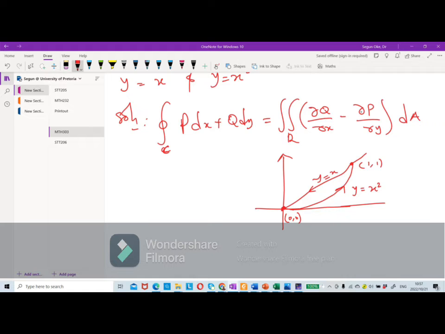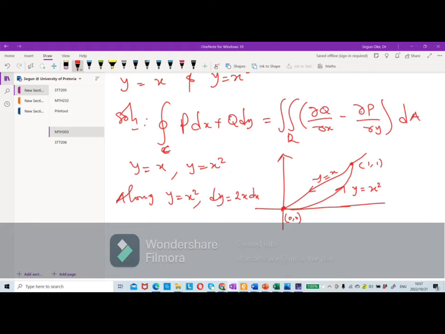So for us to get this, y equals x, now y equals x squared. We are talking about along y equals x squared. Now, what happened? What is dy? dy is equal to 2x dx.